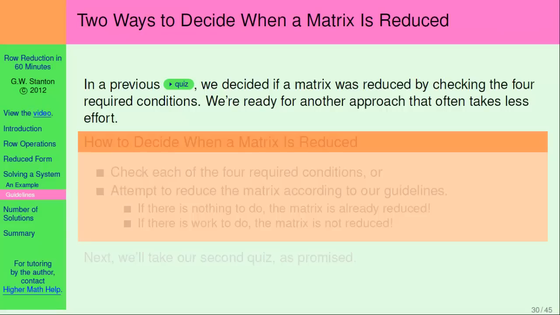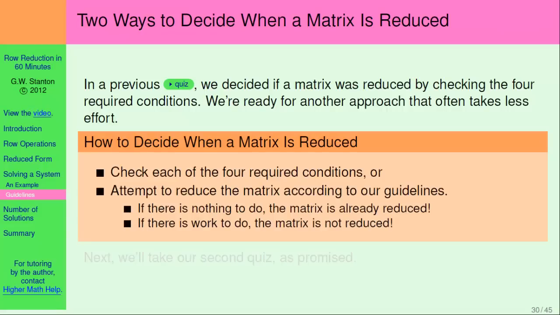Now we're ready for another approach that takes a bit less effort. So instead of checking each of the 4 required conditions, you can attempt to reduce the matrix according to our guidelines. And if there's nothing to do, then the matrix is already reduced. And if there is something to do, then it's not reduced.